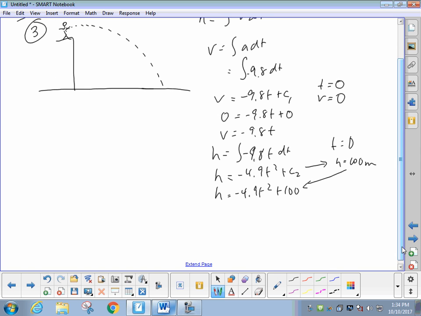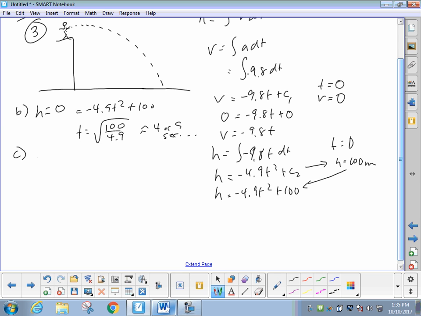After that, how long would it take to hit the ground? Ooh, the third part is the good part. The ball hits the ground if h equals 0, and that's at negative 4.9 t squared plus 100 equals 0, so t is the square root of 100 over 4.9, which I imagine is about 4 or 5 seconds. Now for part C, if the horizontal velocity is 20 meters per second, what's the horizontal distance the ball will travel?